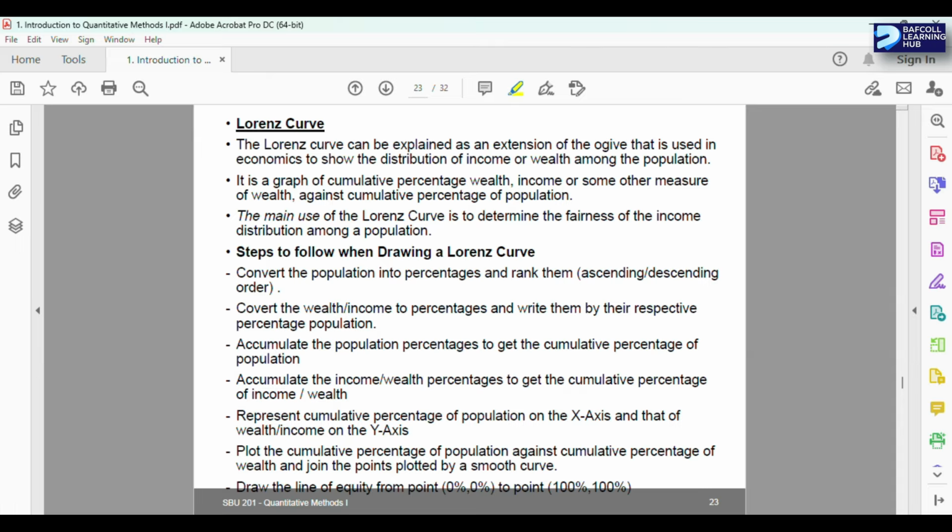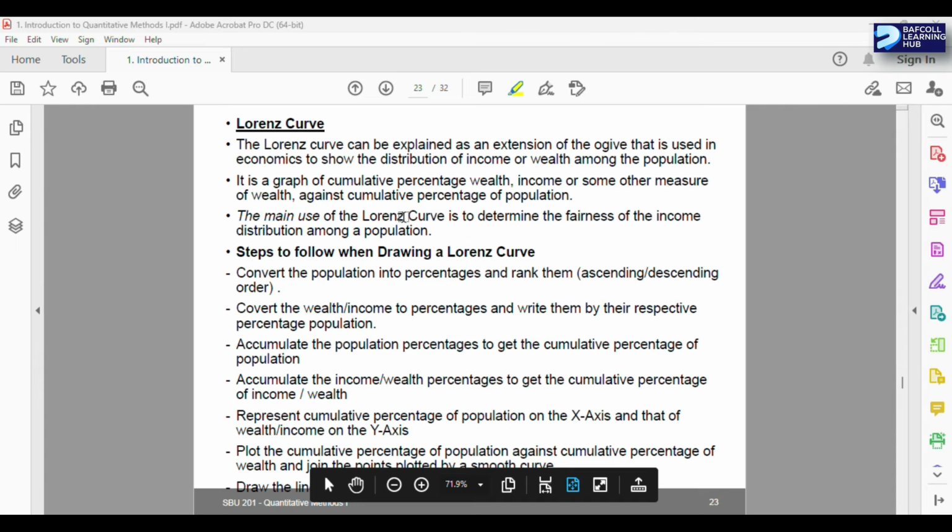All right, so what it does is that we graph the percentage of wealth against the cumulative percentage of a population. Now the main use stated over here is that the Lorenz curve is used to determine the fairness of income distribution.